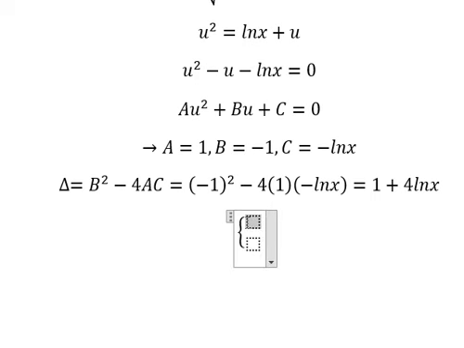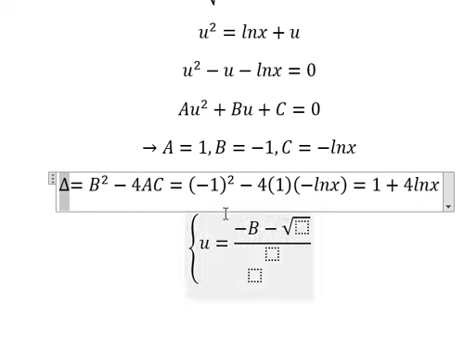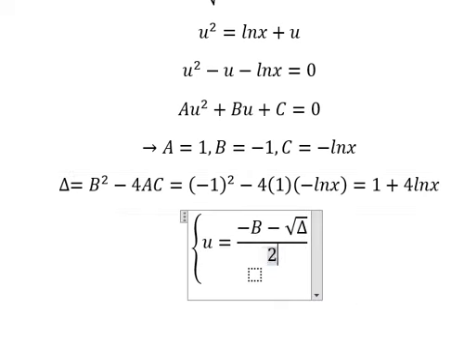So we have u equals negative b, plus or minus the square root of delta, over 2a. Now we can do similar for the second one.